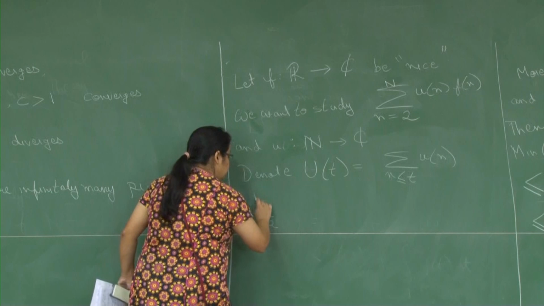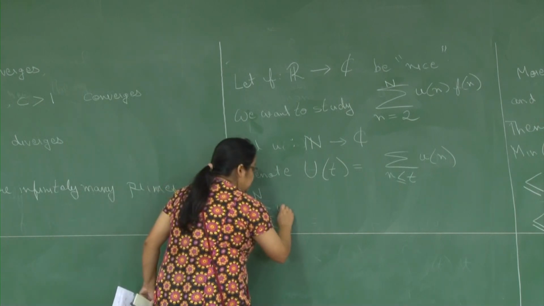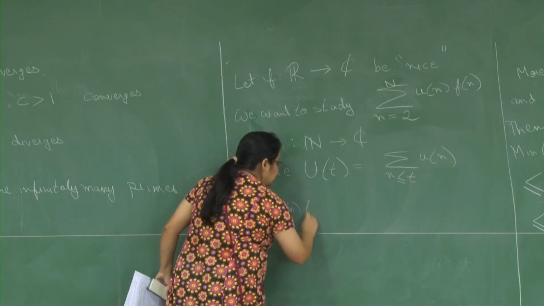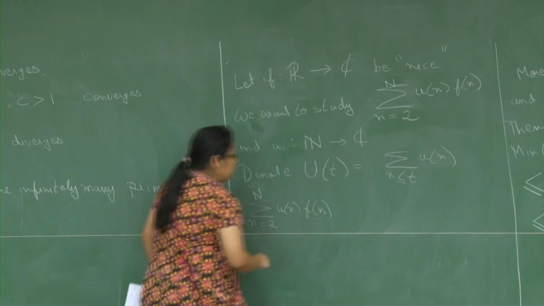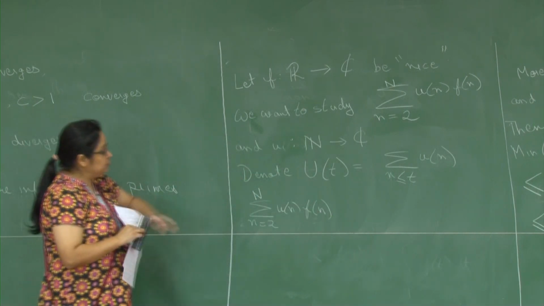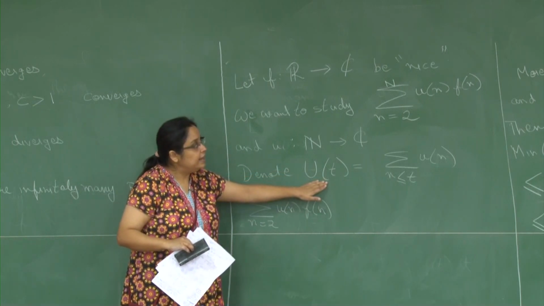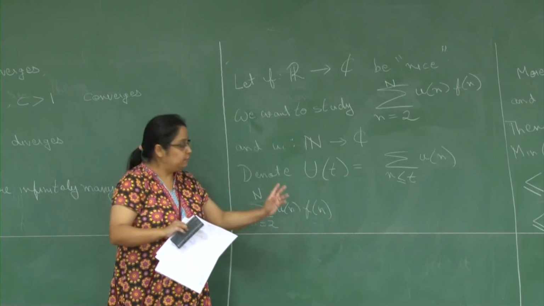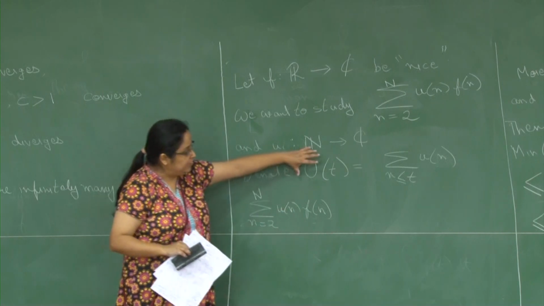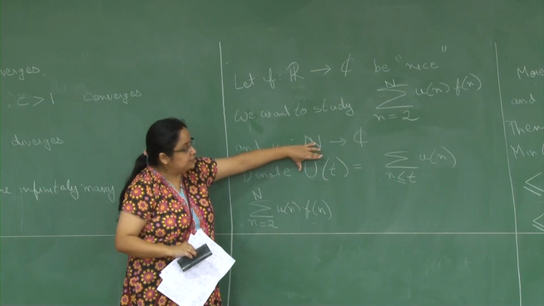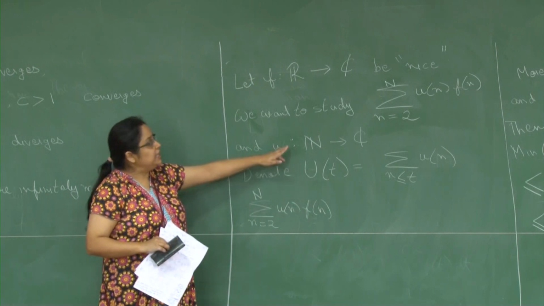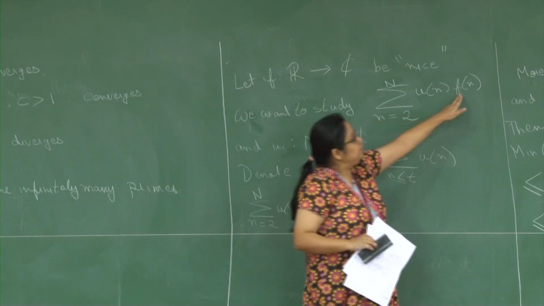and now we want to look at this sum, n going from 2 to N, little u of n times f of n. I want to be able to reduce the study of this function into the study of U of t and f of t. Let us say you know something about the partial sums of u of n, and you know something about the functions f of n.